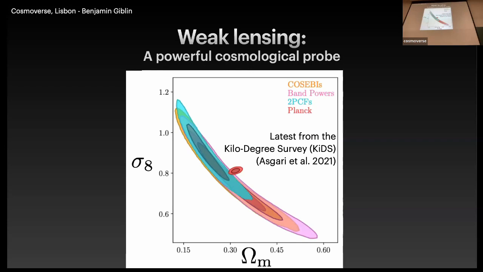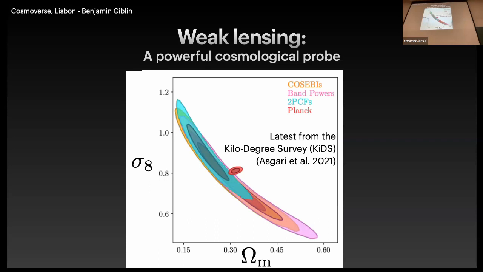So they're all quite similar approaches. And we get this degeneracy because in lensing we can't tell the difference between a universe that has a lot of matter that is not very clumpy, or a universe that has less matter but clusters very strongly. So that's why you get the banana. Of course, here you can see the Planck contour, and the lack of overlap is this S8 tension, which we're all interested in.